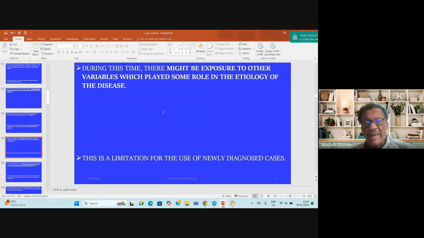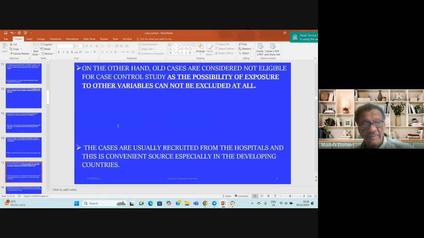During this time, as I've said, there might be exposure to other variables which played some role in the etiology of the disease. This is an important limitation for the use of newly diagnosed cases in classical case control study designs. On the other hand, old cases are considered not eligible for a case control study, as the possibility of exposure to other variables cannot be excluded at all.